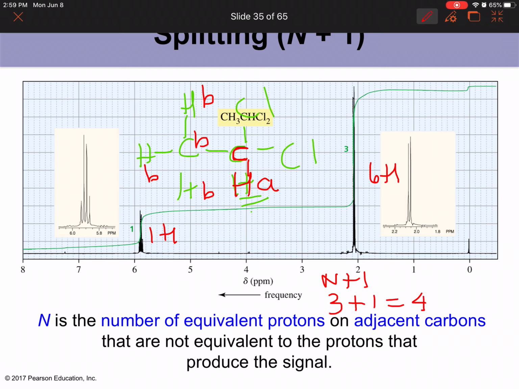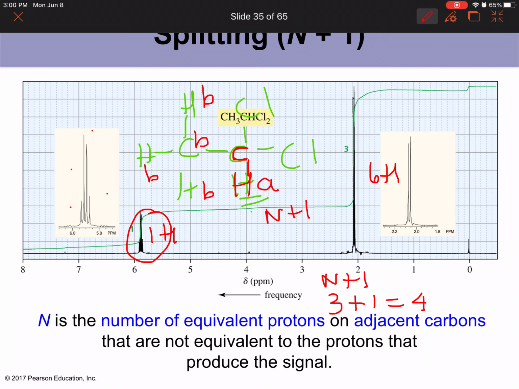So that 1 hydrogen will split into 4 peaks. And so you can see here 1, 2, 3, 4. There are 4 peaks. Okay, so we call it a quartet. And then the 3 hydrogens on carbon B are going to split due to 1 hydrogen on carbon A. Again it splits as N plus 1.